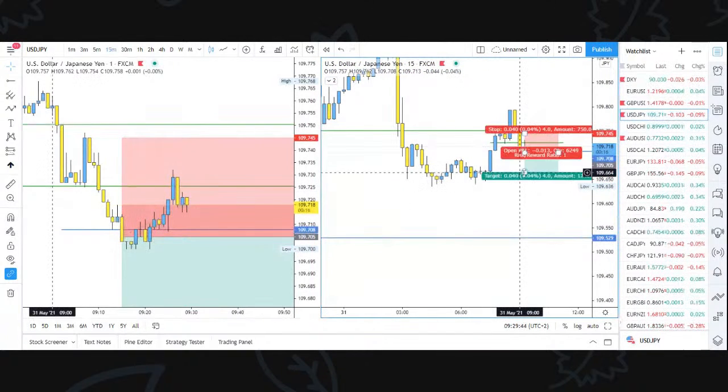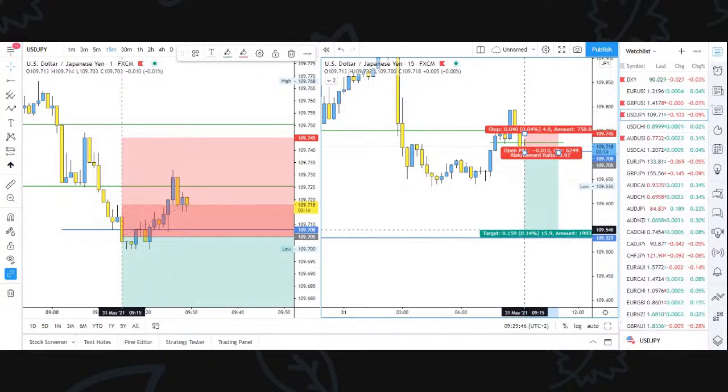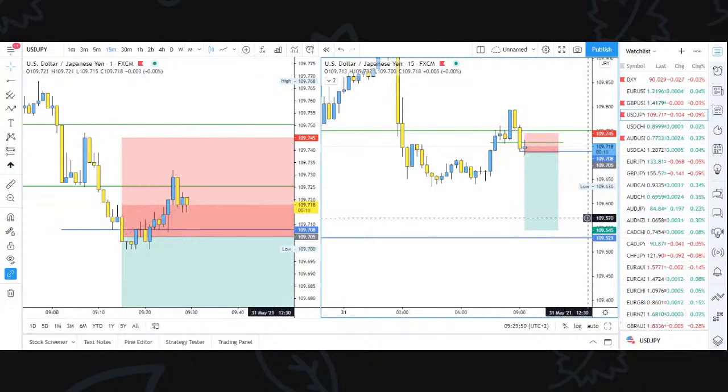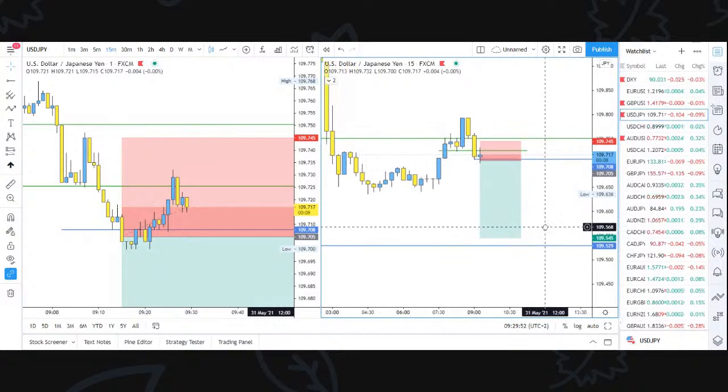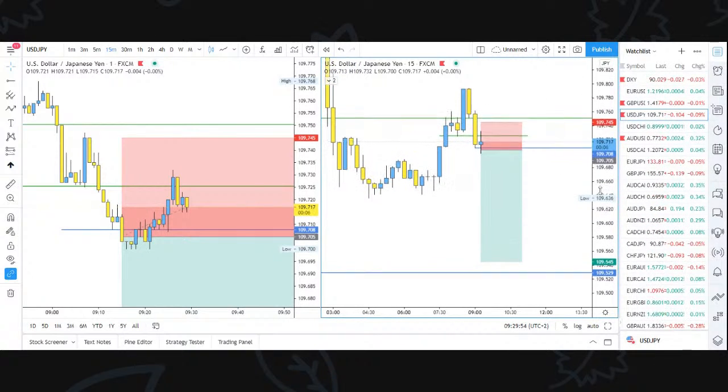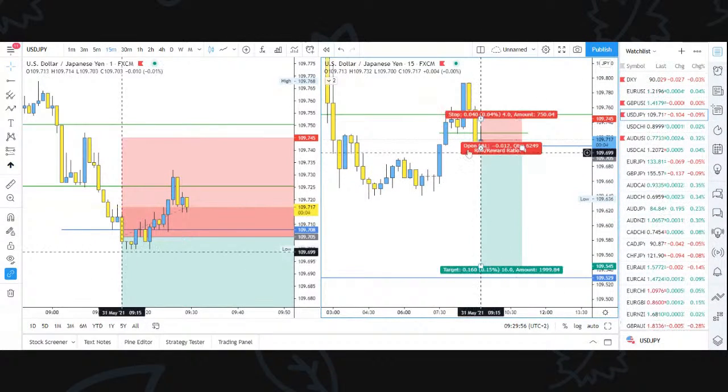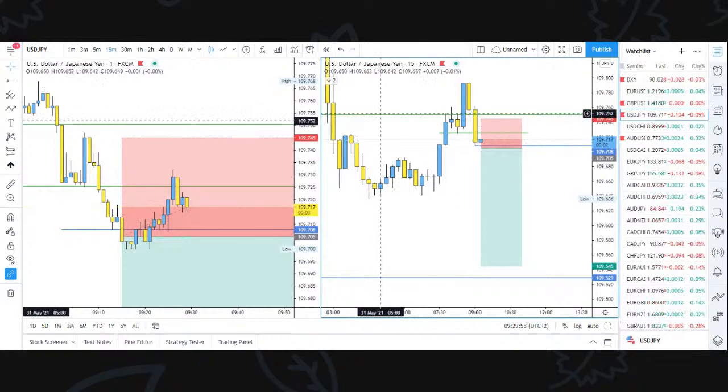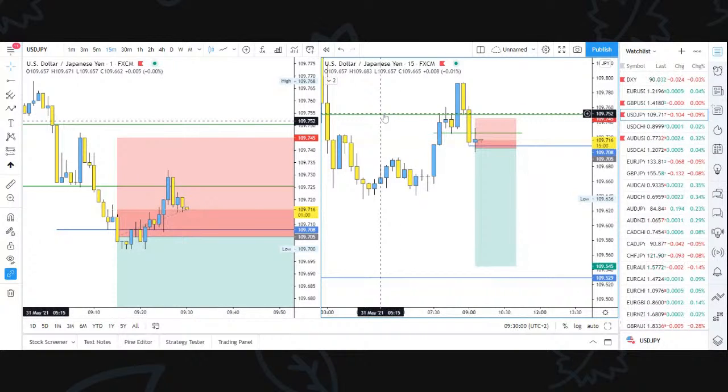You can take that down to about there. Yeah, man, we're gonna have to delete this. This is quite shitty. Just look at this candle.